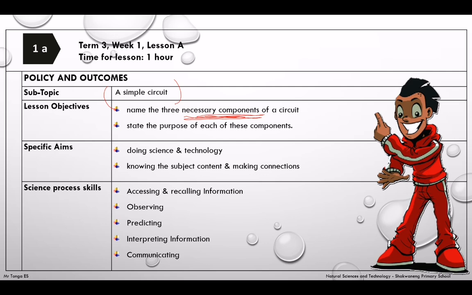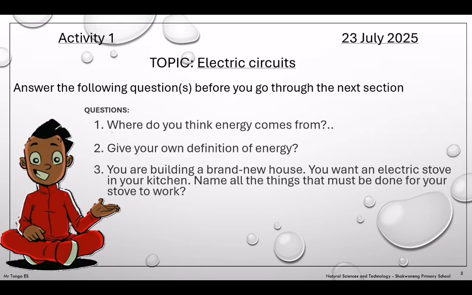We must also be able to state the purpose of each of these components, and the specific aims are as stated, as well as the science process skills. Remember, there are skills you need to acquire in a science lesson, such as accessing and recalling information. You need to be able to observe, to predict, to interpret information, as well as to communicate. That is very important for you to know.